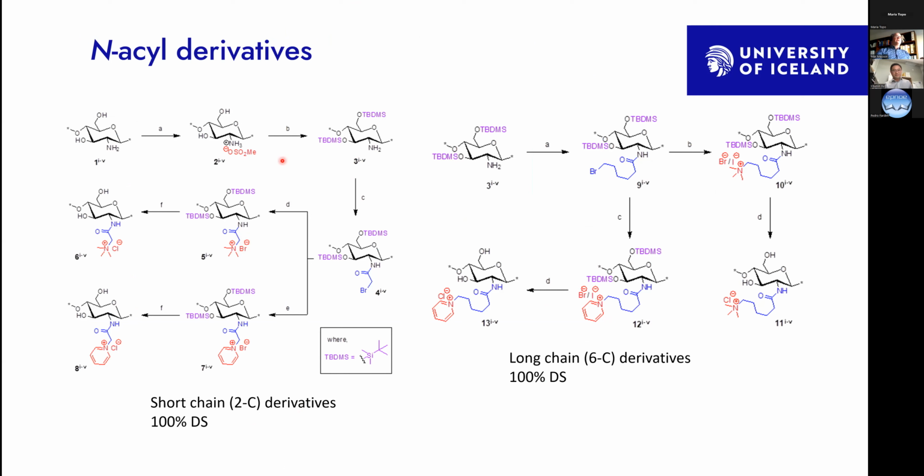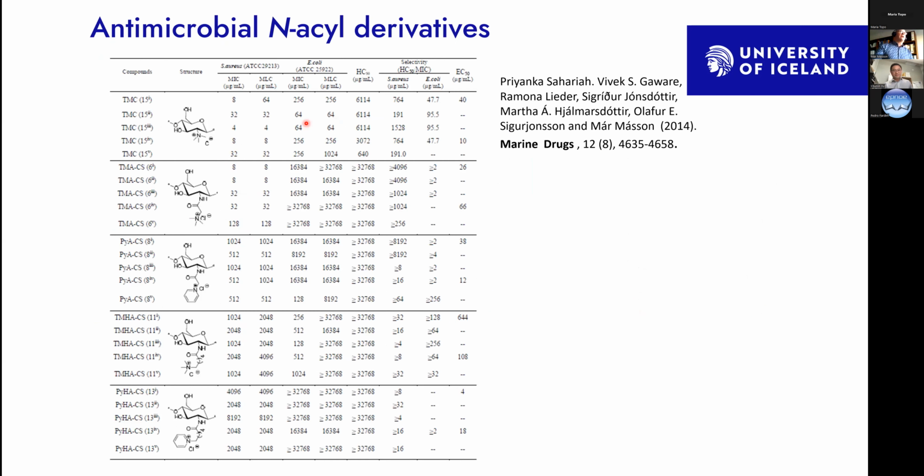We have the 0 carbon, 2 carbon spacer, and then 1, 2, 3, a 5 carbon spacer, separating the charge from the polymer backbone. And to confirm the result, we have 3 different chitosan starting materials, and in every case we make these 5 derivatives that have the same structure, and we get similar activities.